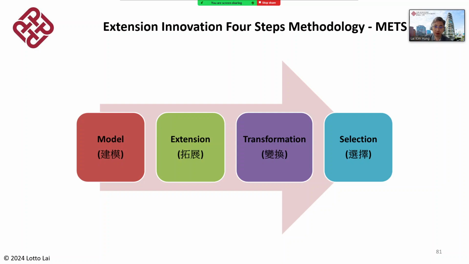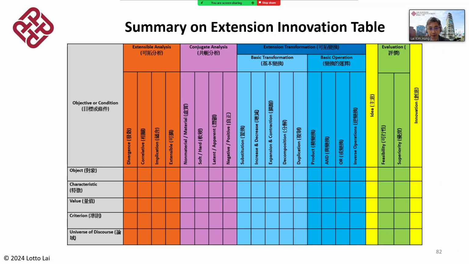Extension iteration is a four-step methodology. You need to model and then extend your opportunity idea, and transformation gives a different combination, and then selection lets the most feasible idea come out. This is a summary of the extension iteration table. During the modeling, you need to identify the object, its characteristics and values, what the criteria are, and the reversal of this is the scope.